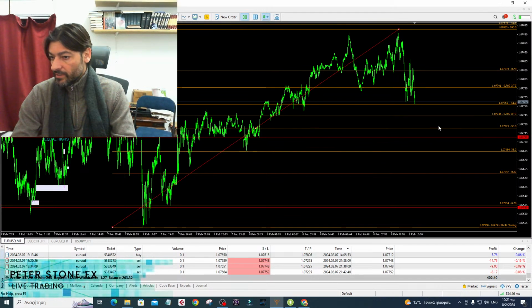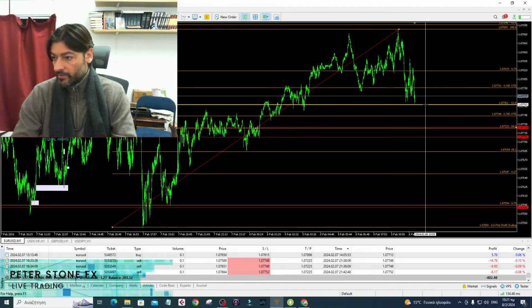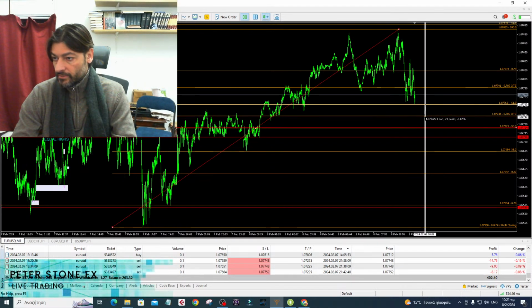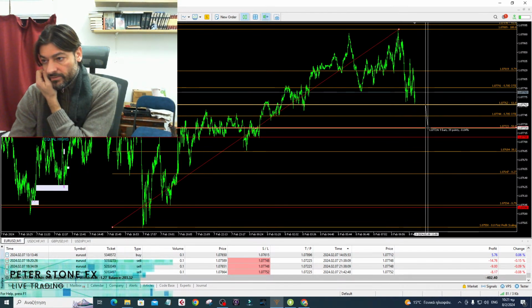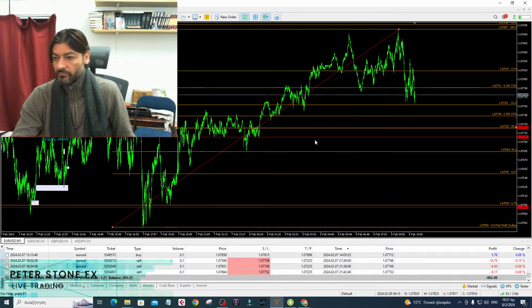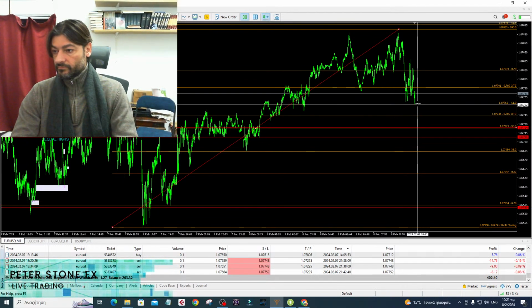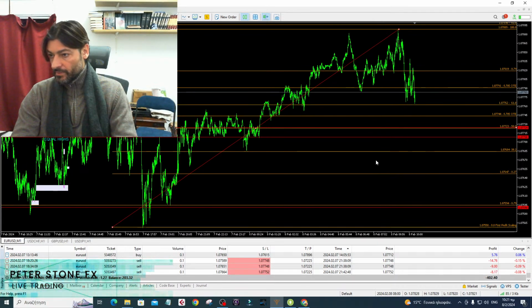So 50% here is this target. How many pips is that? 61.8 is the optimal trade entry. 50% is here. It's too small, it's 4 pips. But from here to here, I mean, it's 20 pips.